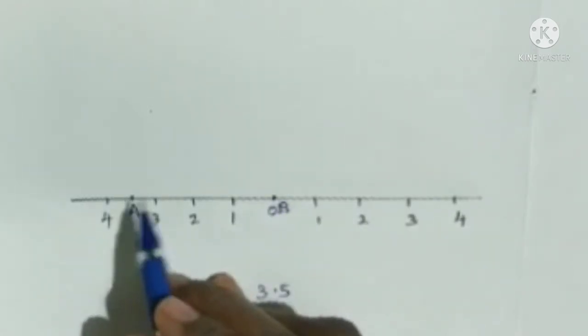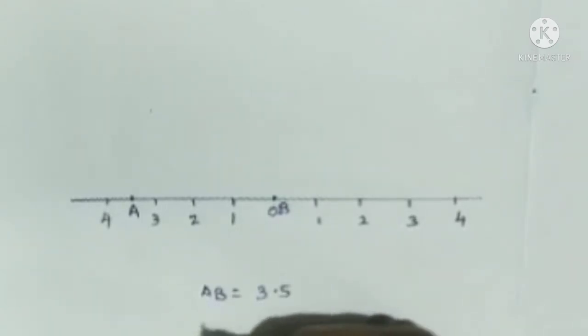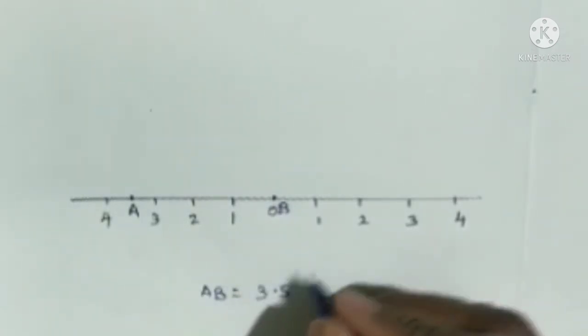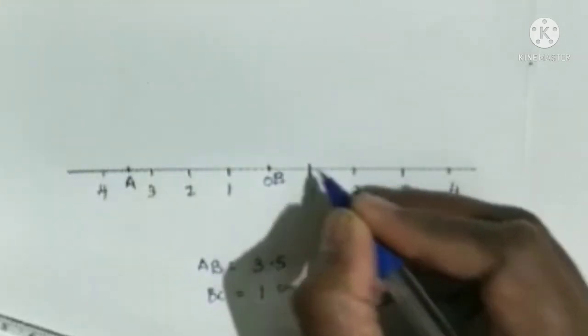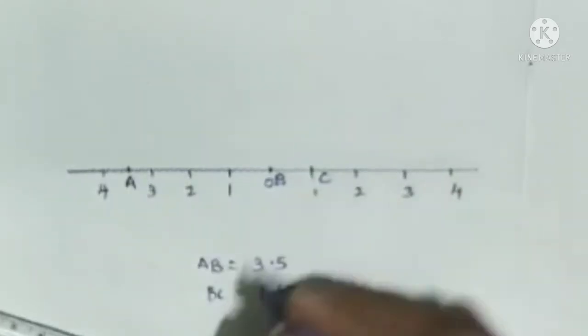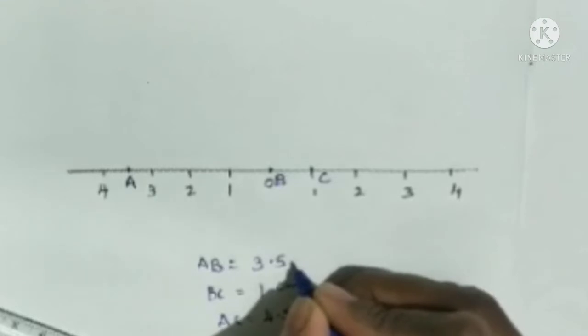So you can take AB equal to 3.5 and we add BC equal to 1 centimeter. So 1 we can take C. So now AC equals 4.5 centimeter.